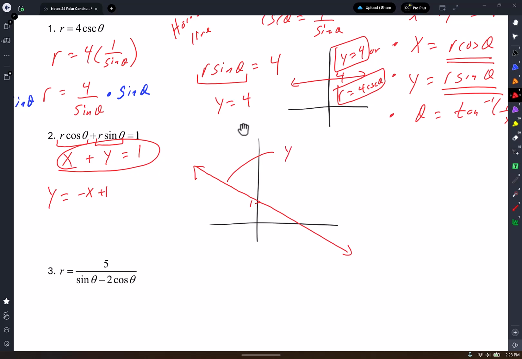So that is either y equals negative x plus 1, or you can say x plus y equals 1. Or if you're in polar form, r cosine theta plus r sine theta equals 1. You got to be in polar mode for it to graph this, but that's what it would graph. It would graph that linear line there.